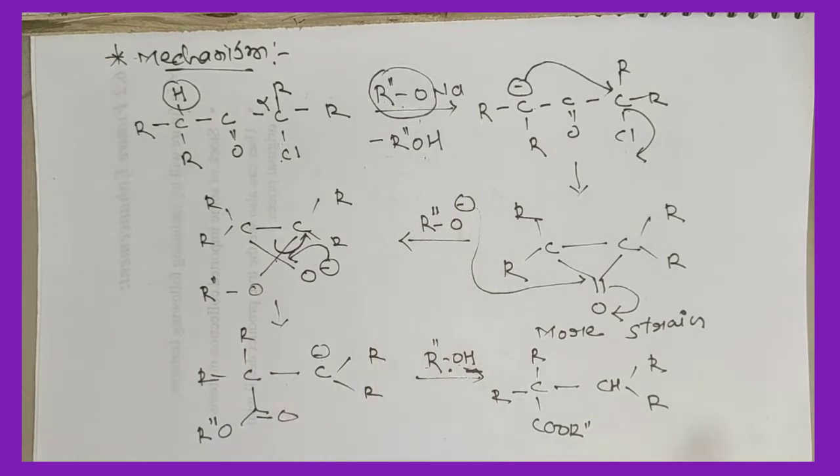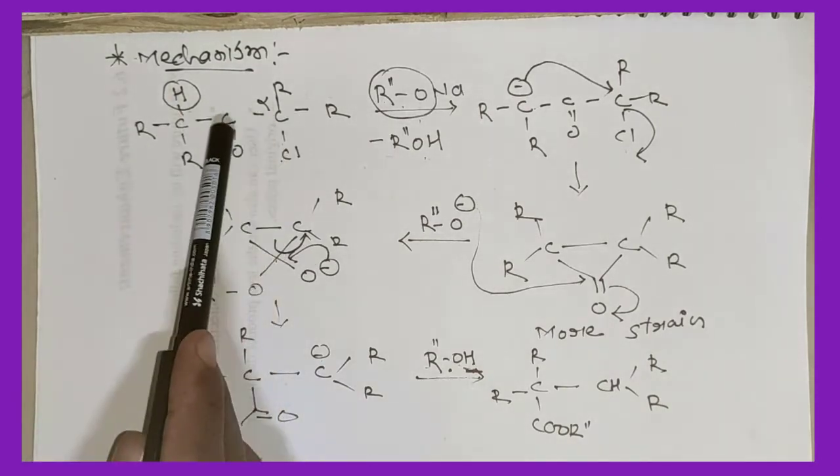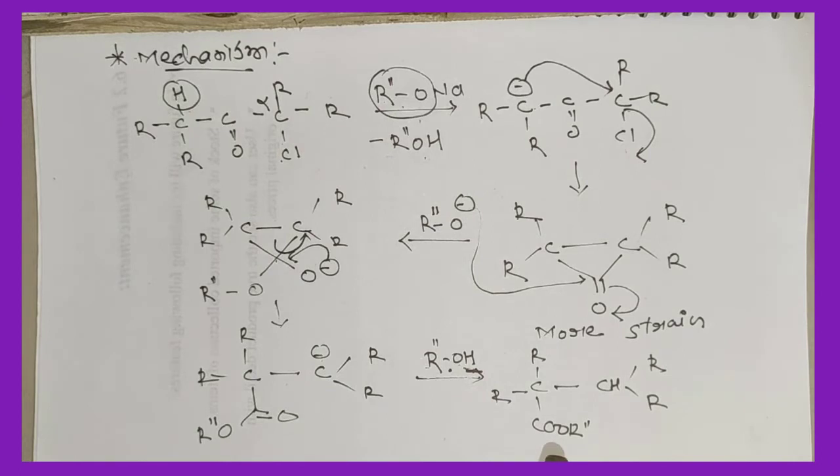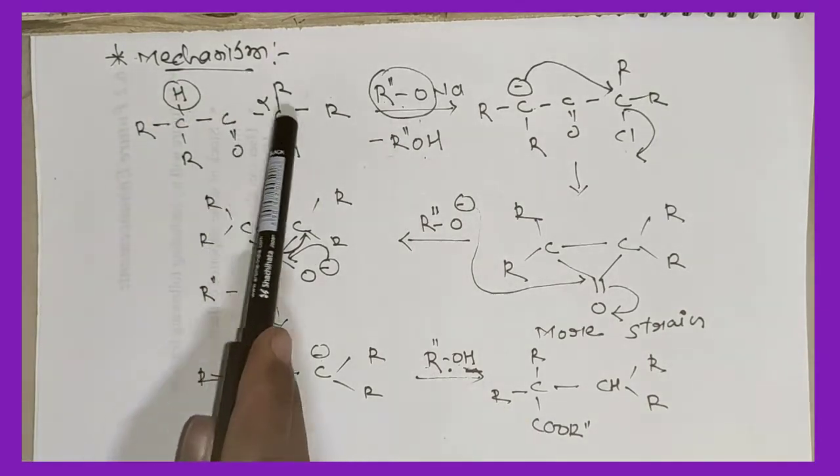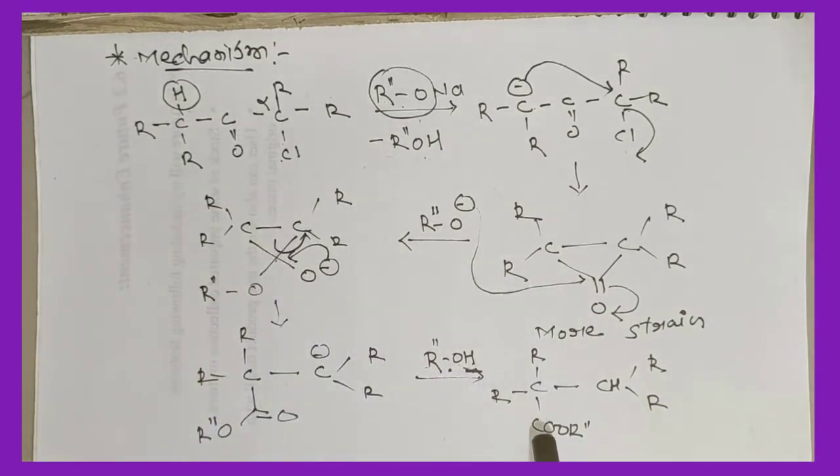And later on, addition of proton. Clear? So in short, we can say that out of these 3 carbons, 1 carbon is converted to COO, or we can say the carboxylic acid derivative part.